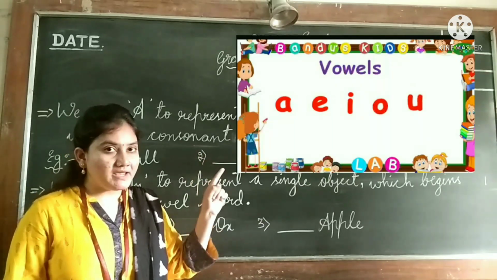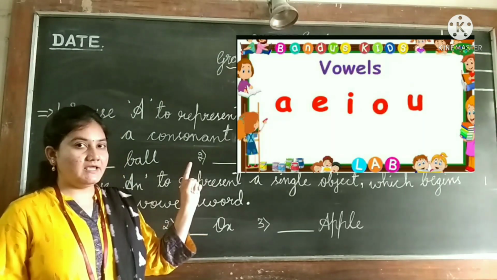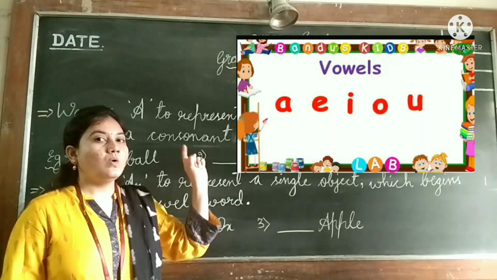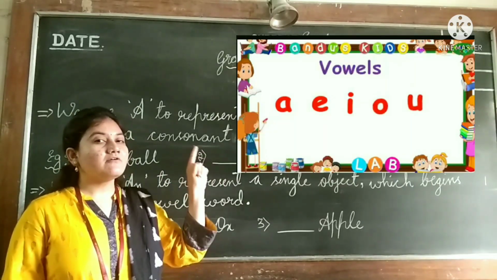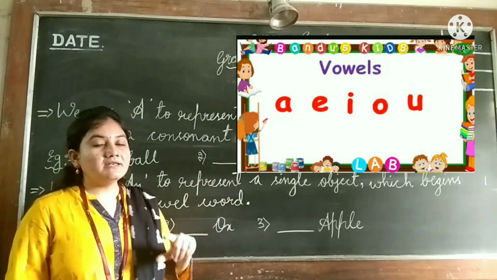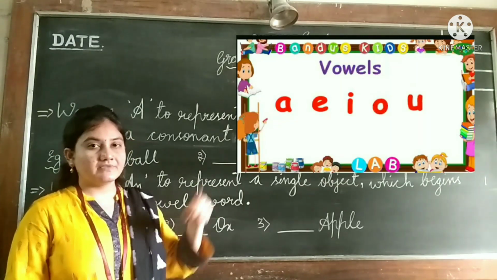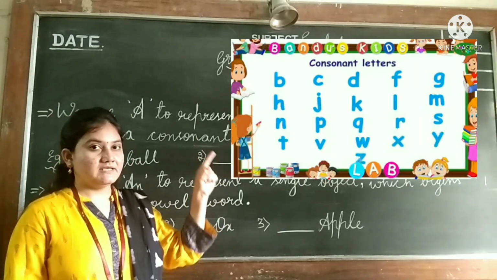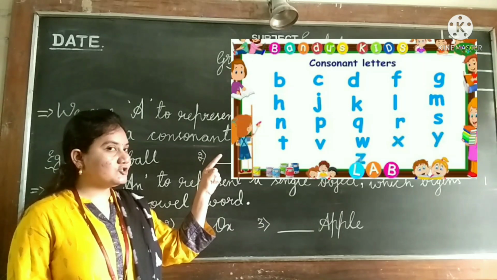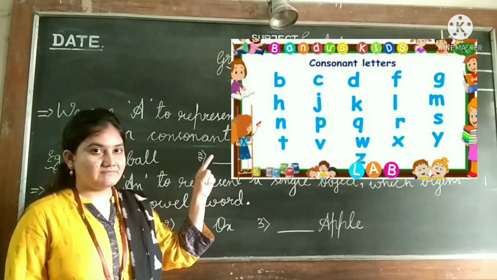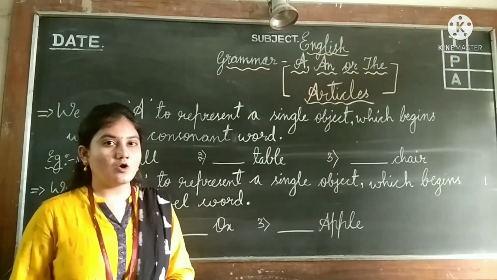Once again, I repeat, there are 5 vowels: A, E, I, O, U. Except these 5 vowels, the remaining letters are known as consonant letters. These are 21 consonant letters. Are you able to see, children? Yes. So, we have learnt about the vowels and the consonants.